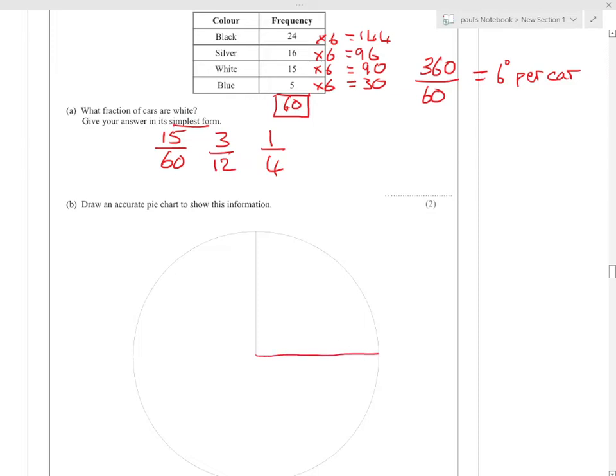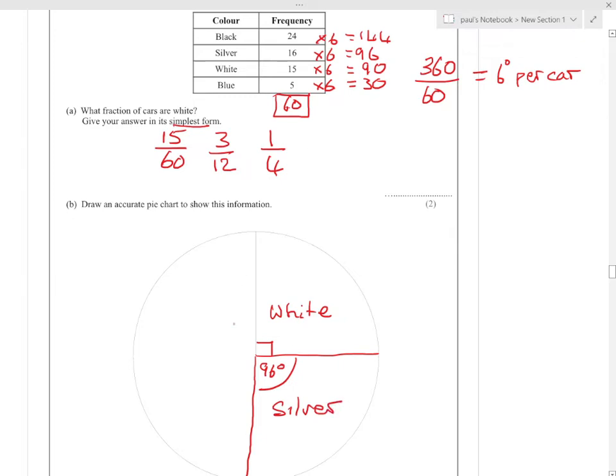I got that, yeah. So that one is the white, and I'll put that in there. You draw this with a protractor. 96 is the silver one, so that's going to be just a bit more. So that's going to be 96 degrees, and that is the silver ones.